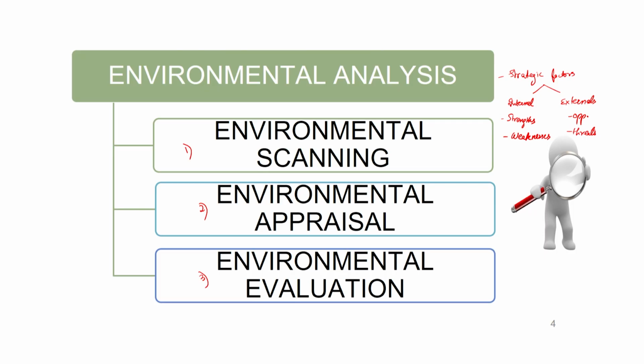Here, we monitor the environment in order to identify what are the trends, patterns, or signals. For example, a change in government policy, emergence of new technology, change in taste and preference of customers. All these could be the trends in the environment.